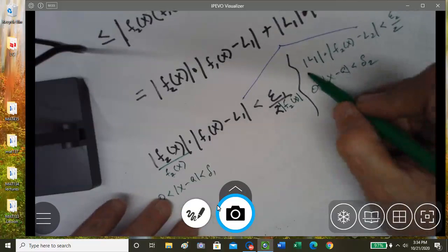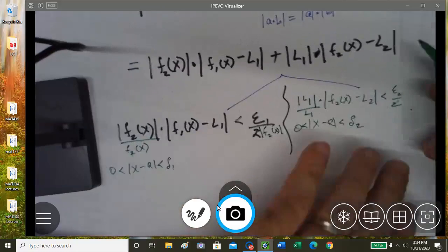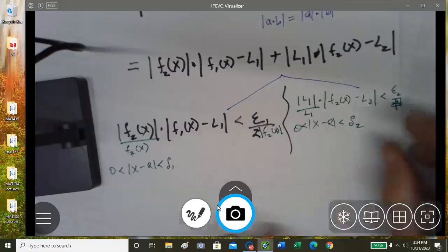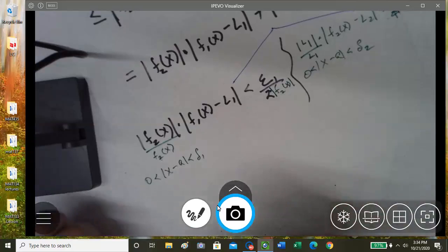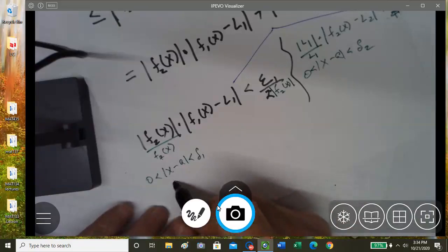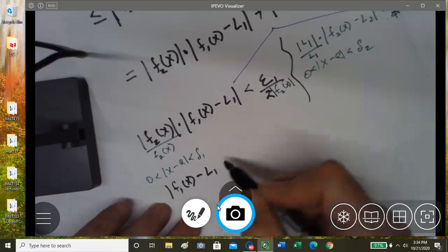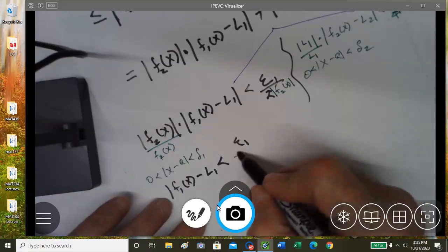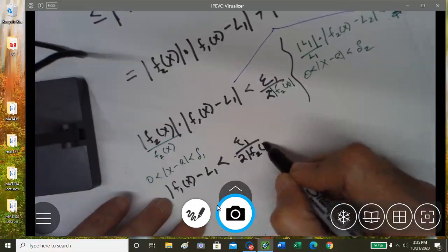And you can do the same thing with L1, that's an absolute value also. So here we have the absolute value of f1(x) minus L1 is less than epsilon 1 over 2 times the absolute value of f2(x).